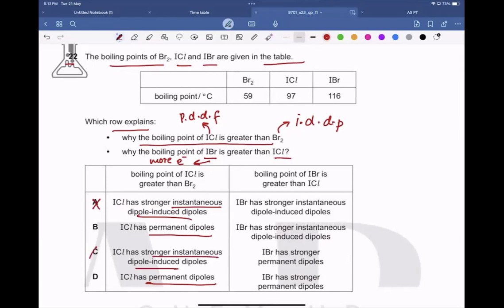So A and C cannot be the answers. And as I have told you that it has a more number of electrons, which means that there is a stronger permanent dipole forces in it, right?